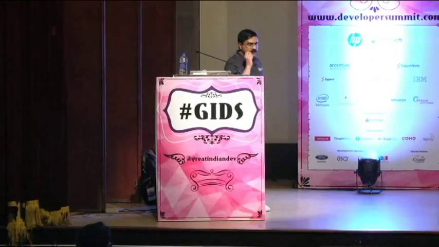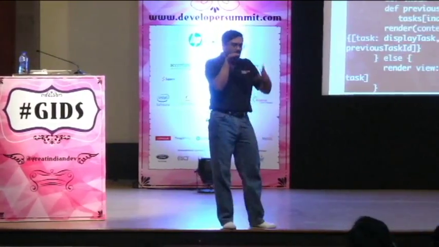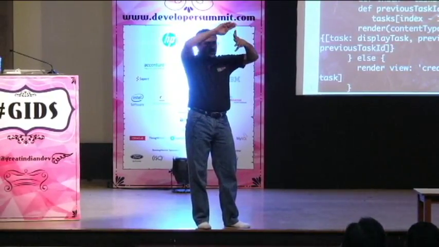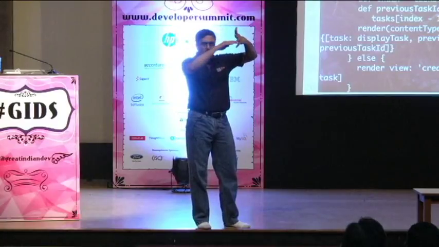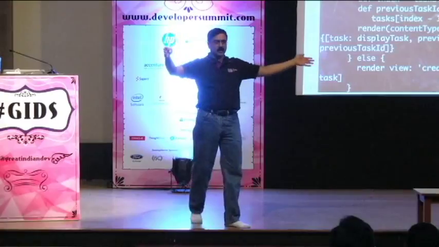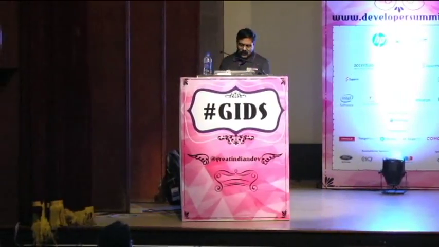So see if that makes sense. The previous task ID, the one you found where you want to insert it, you want to know the previous one. If the index is greater than 0, then it's whatever that index minus 1. If it is 0, I'm going to just return -1. Are you happy with that so far? Right, so we know the position now. That's all we are sending.